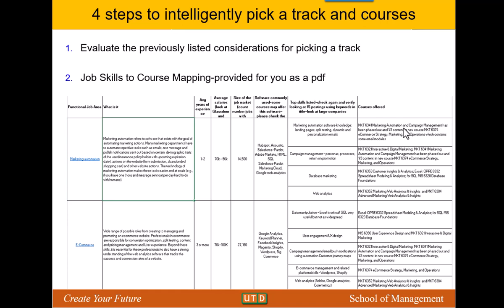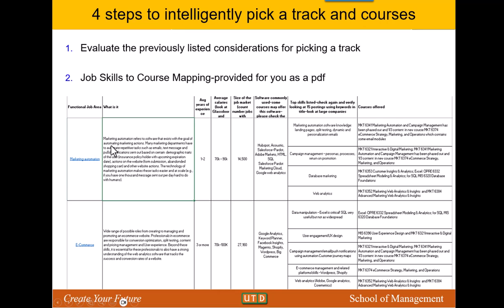Then the other thing that you should do once you start to have somewhat of a direction is we have this document of job skills to course mapping, and it's provided to you as a PDF. This is just a small screenshot. But what it does, let's say you're interested in digital, there's many different areas and jobs within digital. So for example, marketing automation, you have no clue what it is.